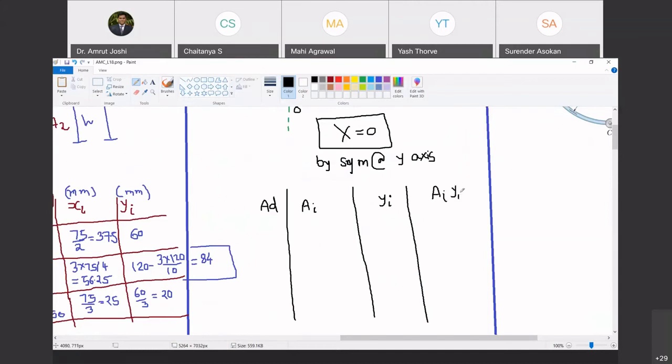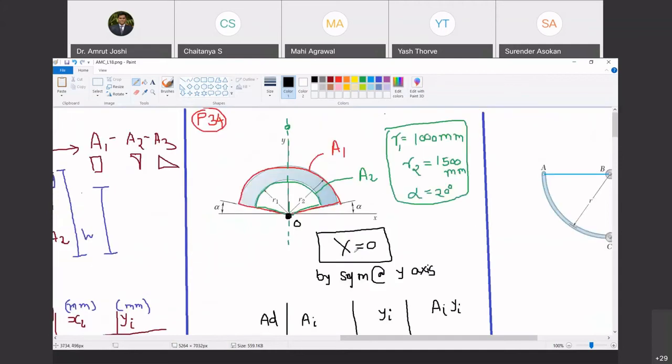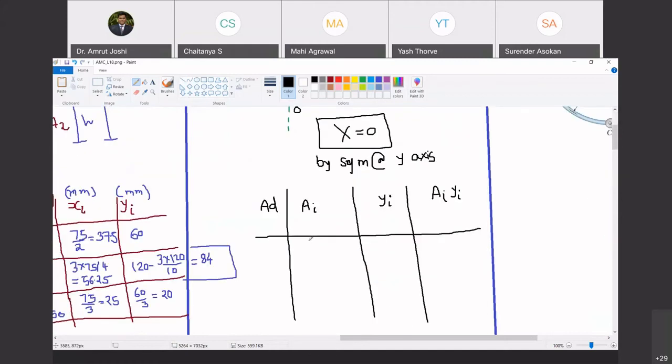I am not bothered about the value of xi and Ai xi because I have already located the centroid with reference to x-axis. So this will be in mm square, this is in mm, and this will be in mm cube.